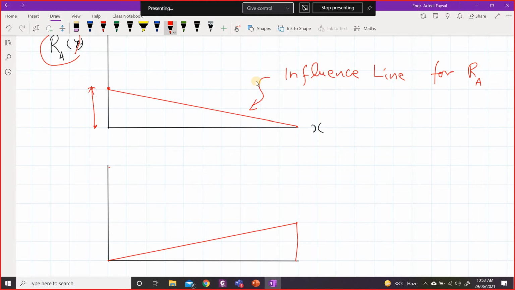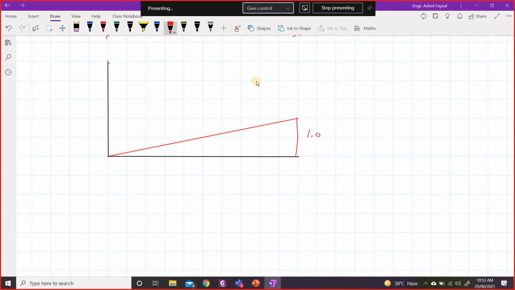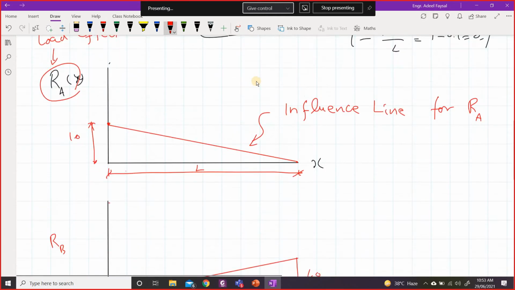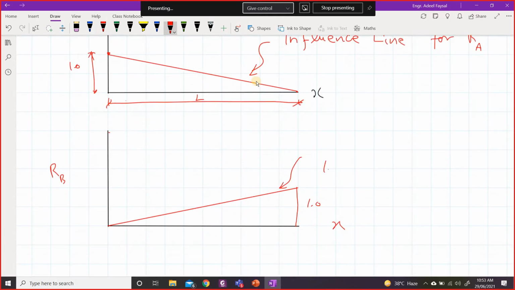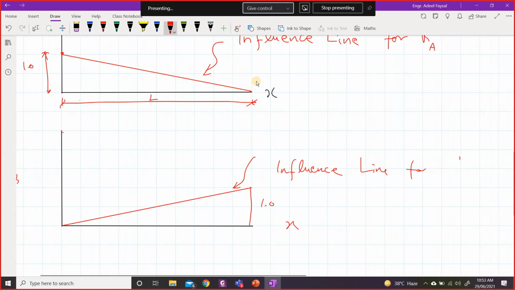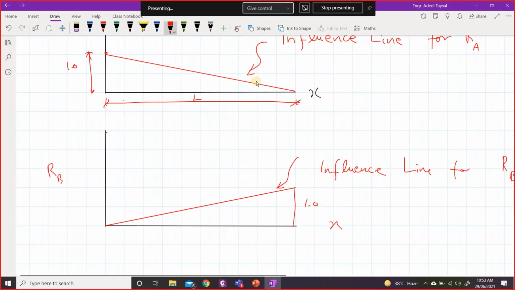This is 1 and this is L. In this case, it would be opposite. This would be 1. Then this is for RB, the reaction at B. This is X, and the whole length is L. So again, this line would be called the influence line for RB, the reaction at B.